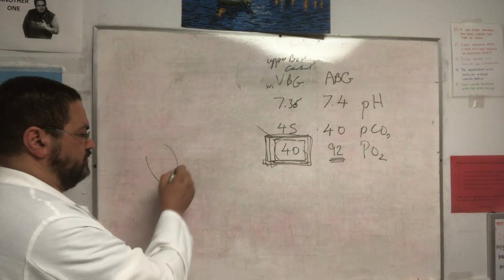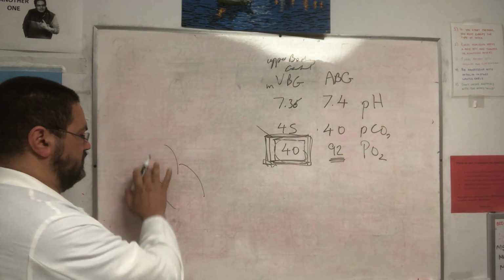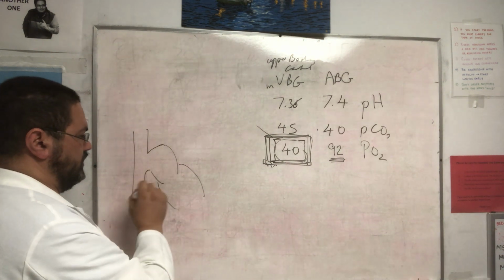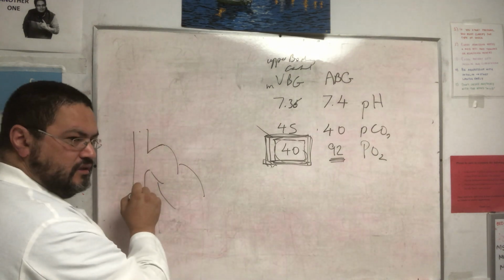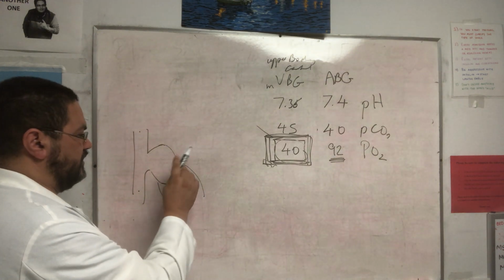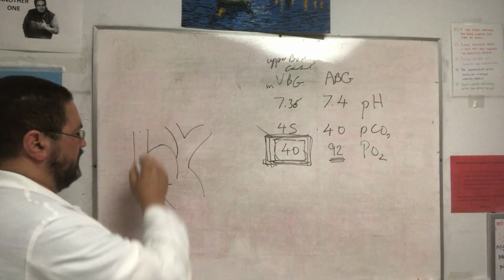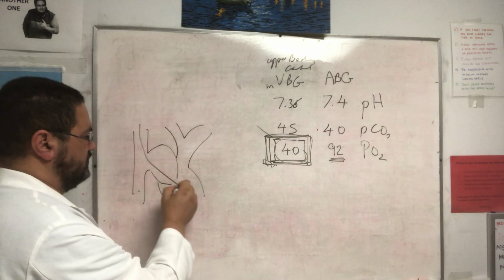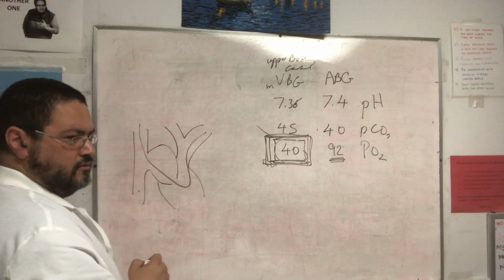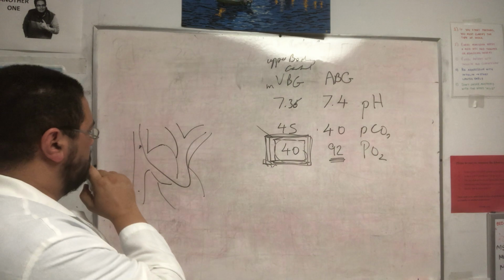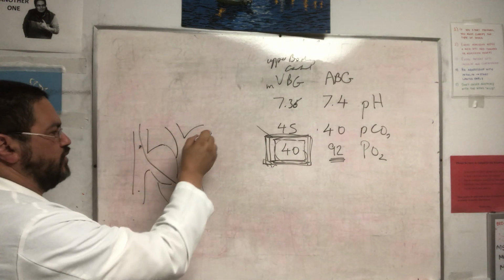This is the right atrium, this is the right ventricle, and this is your SVC, IVC, right? Tricuspid valve, pulmonary artery. Okay? So the swan goes like this. The central line stops here. So if you get the swan, you get it from here.